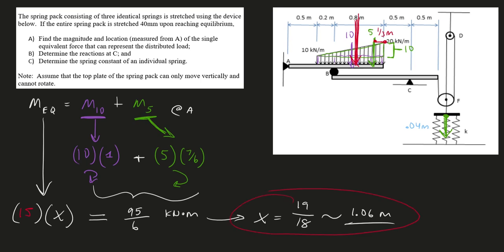So I'll buy this. The magnitude is going to be 15. And the location measured from A, well, I know I measured from A because I've been taking moments about A. All my moment arms that I've been getting here are measured from this rotational point. So I know this 1.06 is measured from A.